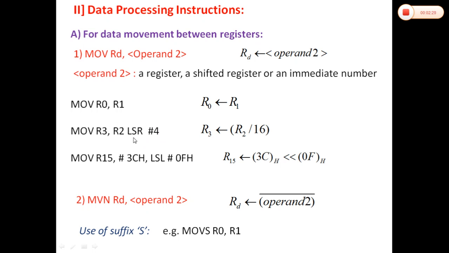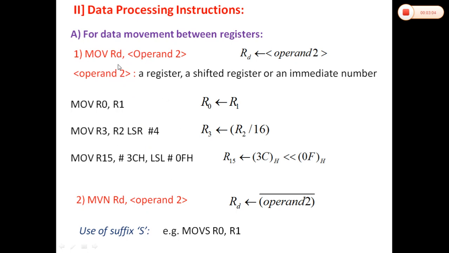When a number is shifted right by 4-bit positions, then effectively we know that it is divided by 2 raised to 4, that is divided by 16, and then that result is moved to register R3. Similarly, in this instruction, the immediate number 3CH is shifted left by 15-bit positions, and then the result is moved to R15. So that's how this instruction works.